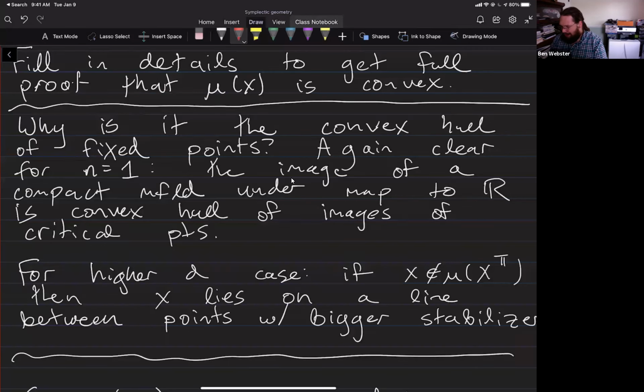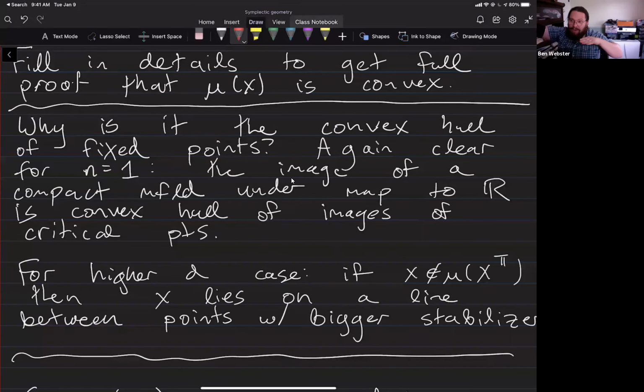But the thing you can check is that if I have a point in the moment map image which is not the image of a fixed point, then it lies on a line between points with bigger stabilizers. The kind of thing you should think about doing is, if it's not a fixed point, then there's some S1 that doesn't fix it.